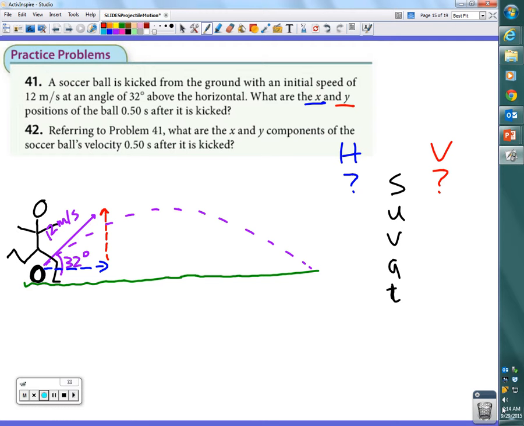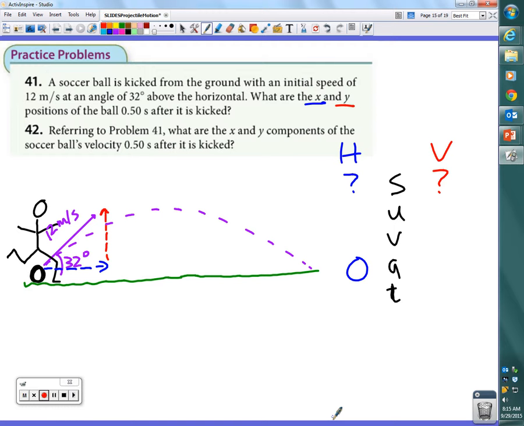Let's start plugging in things we know. We said that there's one row of this chart we can fill in right away on every problem, whether it's a horizontal launch or an angle launch. It applies to every single projectile motion problem. What row is that? Acceleration, right? The horizontal acceleration will be 0, because gravity is the only thing affecting it, and gravity affects things vertically.